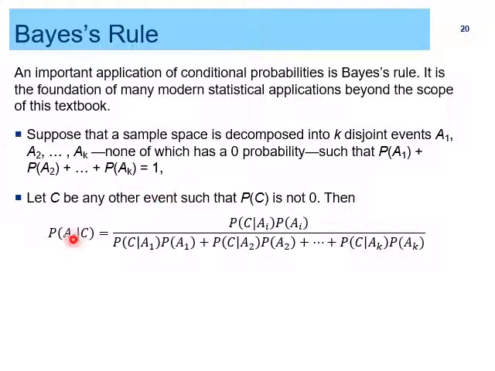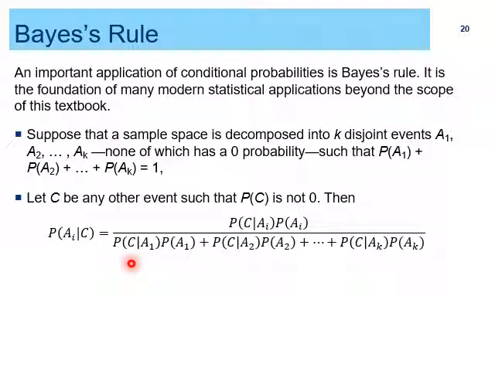P(A given C) is equal to P(C given A) multiplied by probability of A. And now we are dividing, because it is saying that there are k disjoint events from A1 to AK and none has probability 0. So we have to include all these values in the denominator.